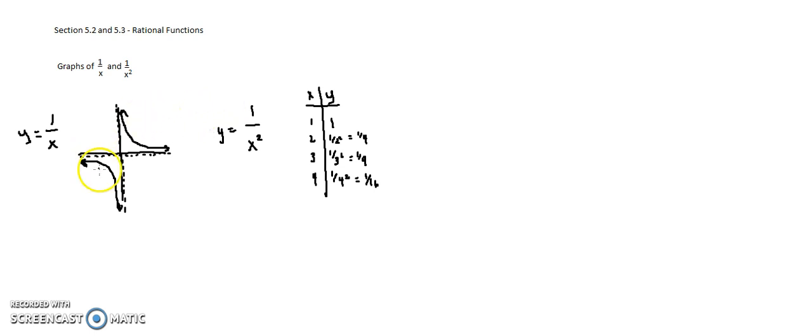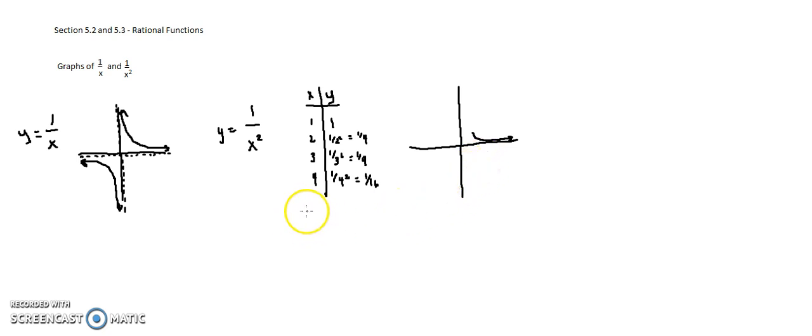This is looking a lot like it did for 1 over x. Our y values are getting small, even smaller than they did before. And so the same idea with 1 over x squared is that we're going to be getting closer and closer to the x-axis as an asymptote.